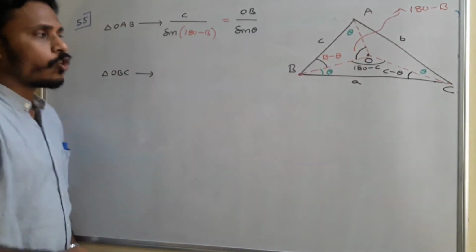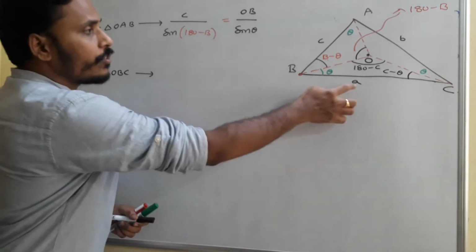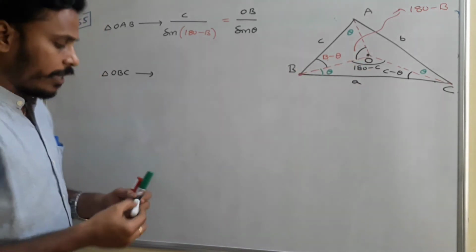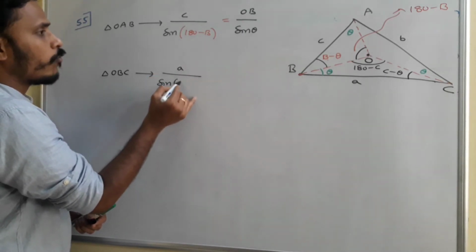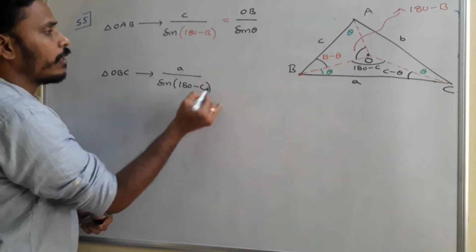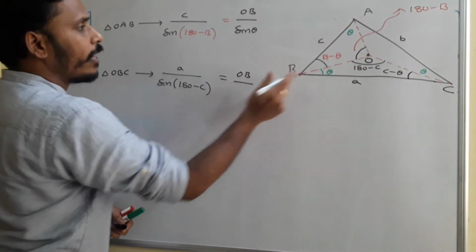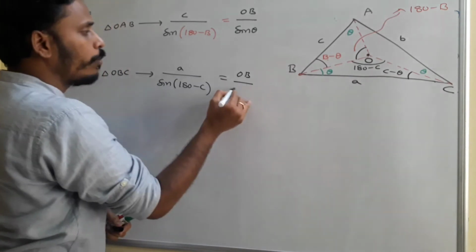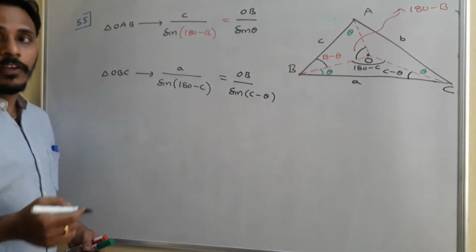Then you apply the sine rule for the second triangle OBC: A divided by the sine of the opposite angle, A divided by sine of 180 minus C, is equal to side OB divided by the sine of the angle opposite to OB, which is sine of C minus theta. Just have a look.